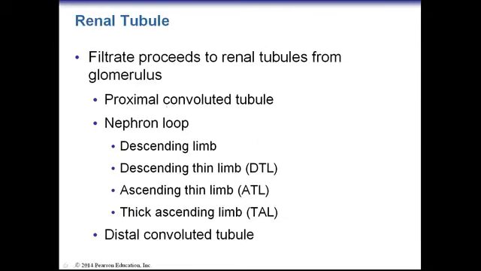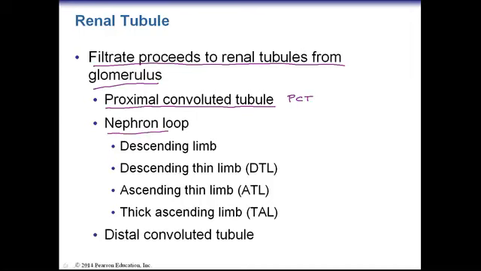So the renal tubules. The filtrate now proceeds into the renal tubules from the glomerulus. Now, we have sections of tubule. The first section is called the proximal convoluted tubule, or PCT.